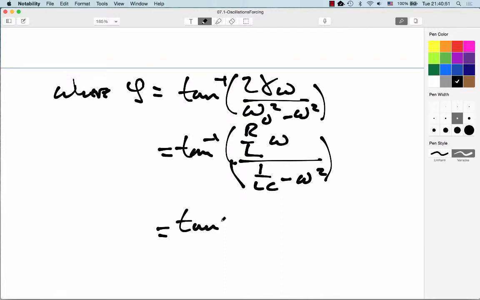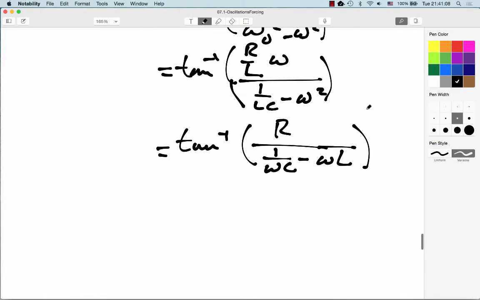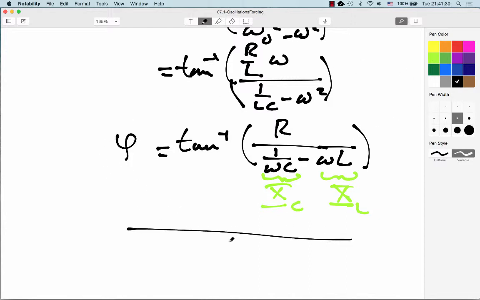And we get the arctangent of R over 1 over omega C minus omega L. Okay, and if you remember, 1 over omega C was the capacitive reactance, and omega L was the inductive reactance from before. So, good. That checks with what we knew.